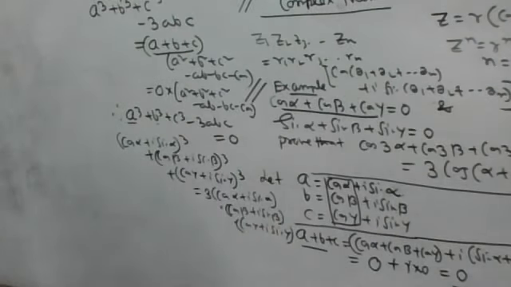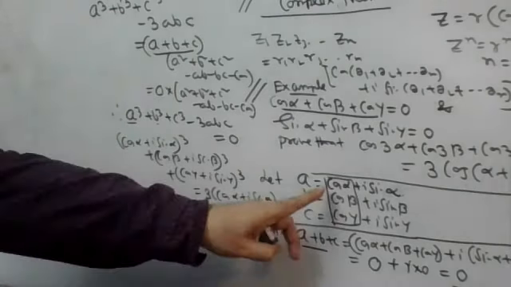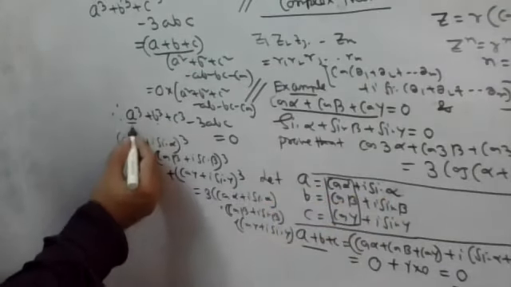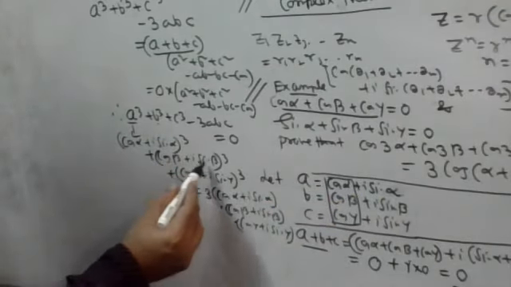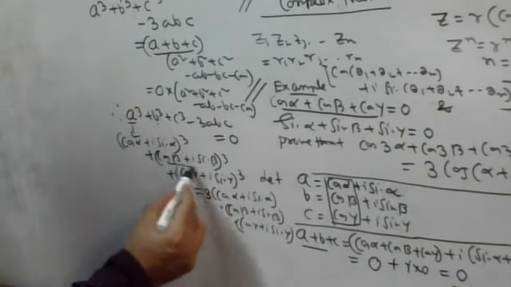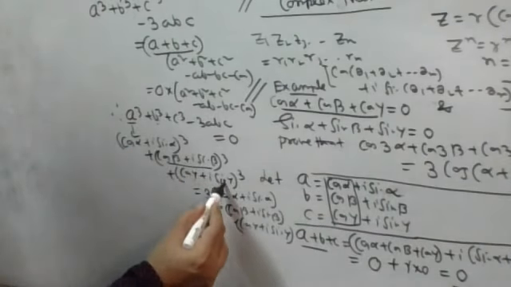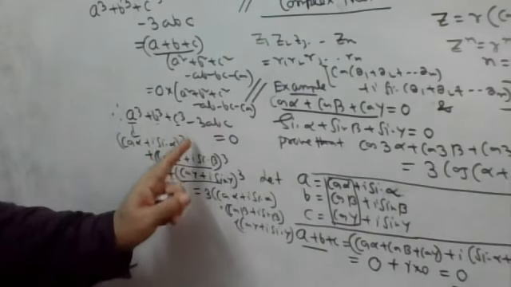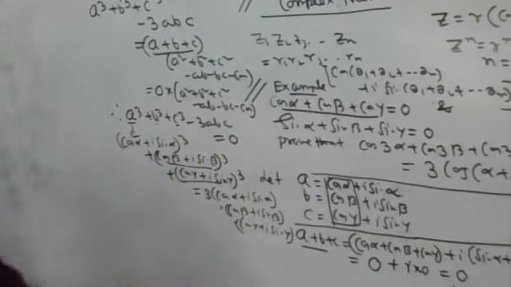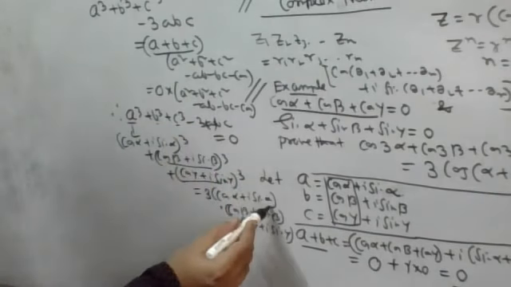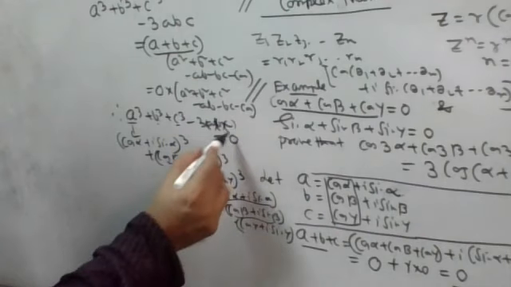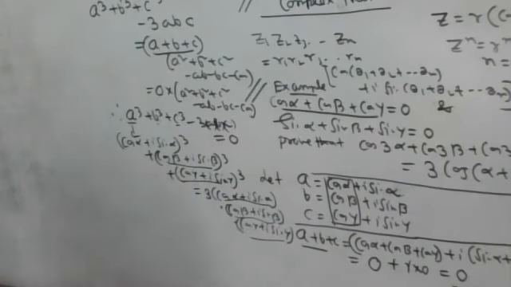So this result you are getting by putting the values. In place of A you are putting this, in place of B you are putting this, and in place of C you are putting this.